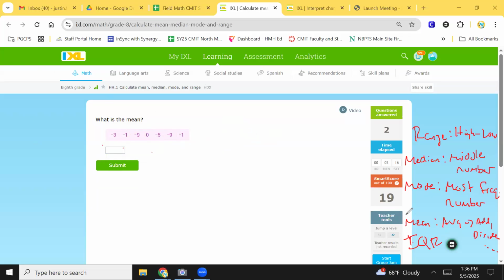This is the mean. We're gonna add these numbers up and divide by how many there are. So -3 plus -1 plus -9 plus 0 plus -5 plus -9 plus -1. Wow. So they're all negative, so I can just add them together and my answer is negative.